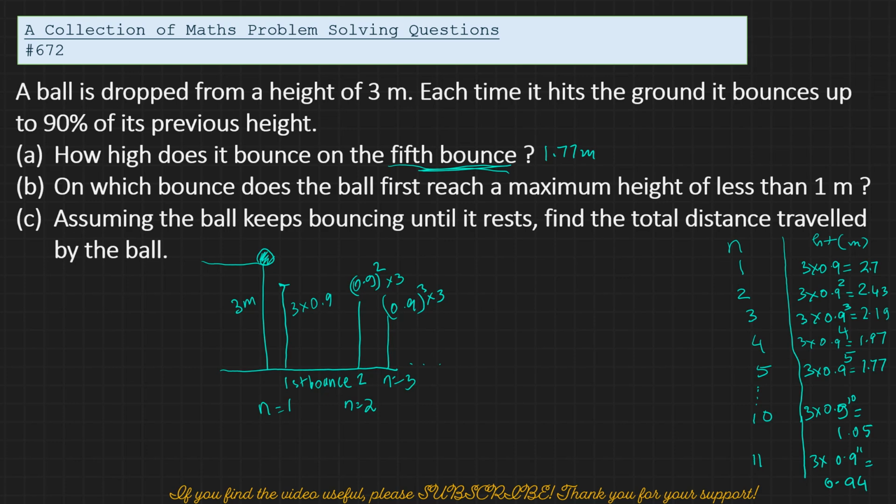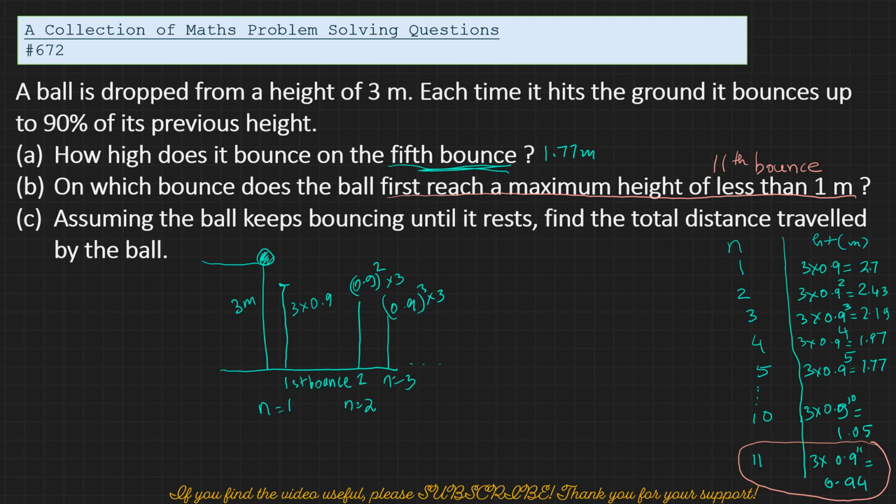So you see, this is the first time, the first bounce, in which the maximum height is less than a meter. So that is the 11th bounce, right? Okay, so that's part B done.